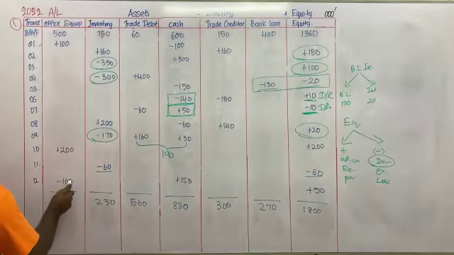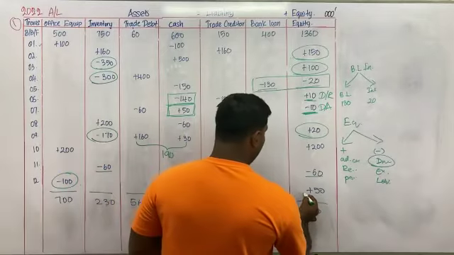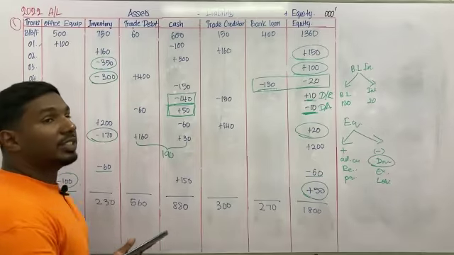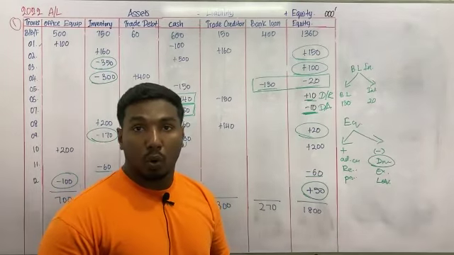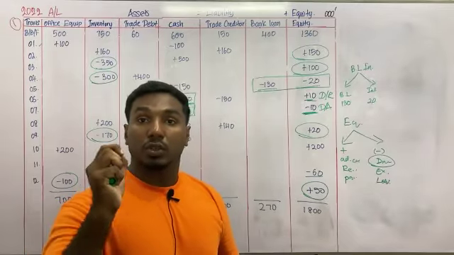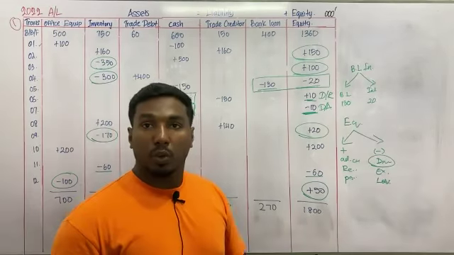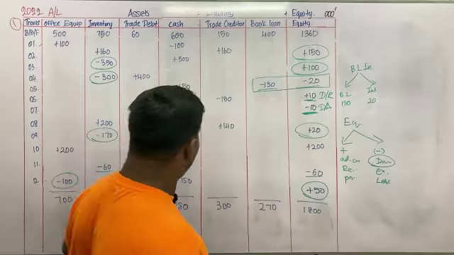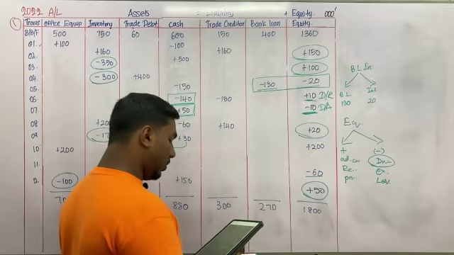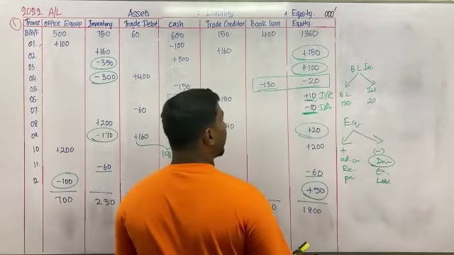Office equipment minus 150 plus equity 50, which means office equipment sold 150,000, which costing 100,000. Okay, so yes, that will be the transactions.